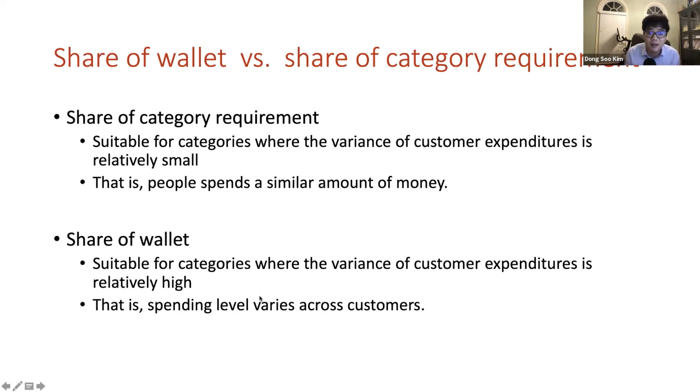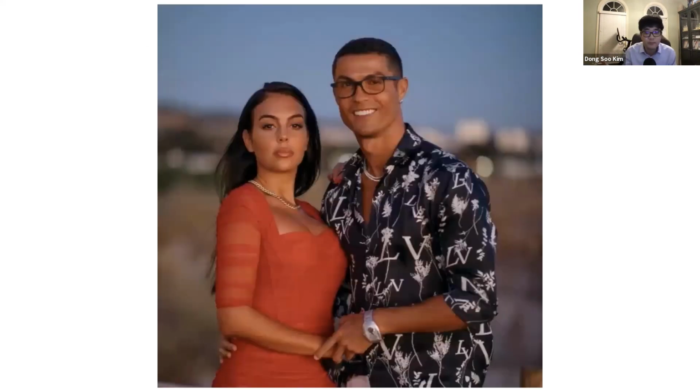On the other hand, the share of wallet is good for the categories where the variance of customer expenditures is relatively high. Let's think about fashion items. Here are one of the most famous soccer players, Cristiano Ronaldo, and his girlfriend. He's also a fashion icon, even though sometimes he wears so awkwardly, with lots of luxury brands like this Louis Vuitton shirt.